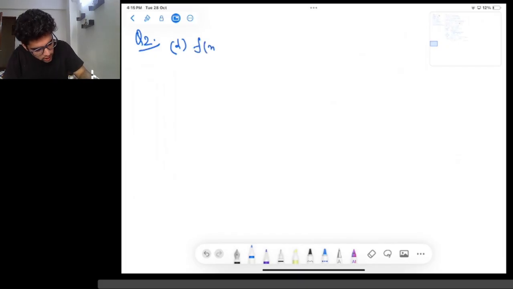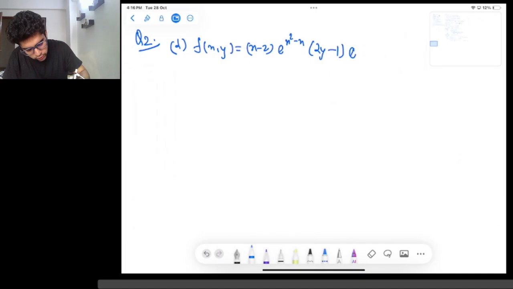Question 2 part D says that f(x, y) is equal to (x - 2) e^(x² - x) times (2y - 1) e^((y - 2)²), subject to x lying between 0 and 2, y lying between 0 and half.